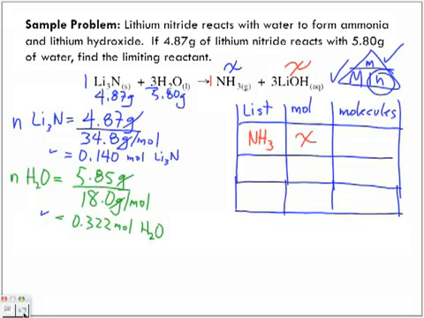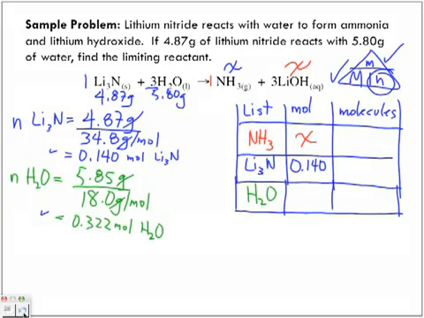We are going to list our lithium nitride and our water. So, how many moles do we have of lithium nitride? We just calculated 0.140.